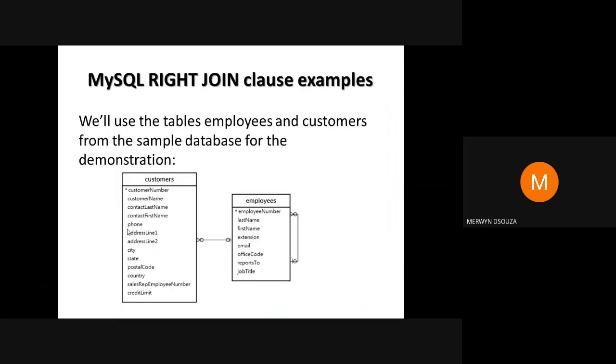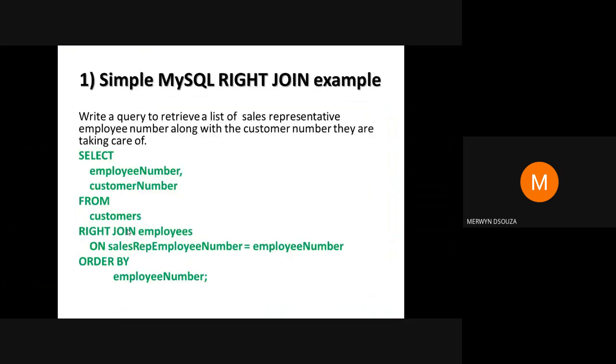Let's look at MySQL right join clause examples. We will use the two tables, customers and employees. The column sales rep employee number in the table customers links to the column employee number in the employees table.